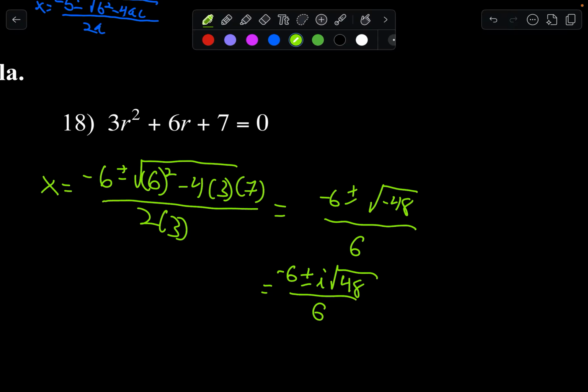Now 48 can be thought of as 4 times 12 or 16 times 3. If we can go further, you'll get full credit if you get this. You'll get extra credit if you get this. Notice I still have the imaginary part.